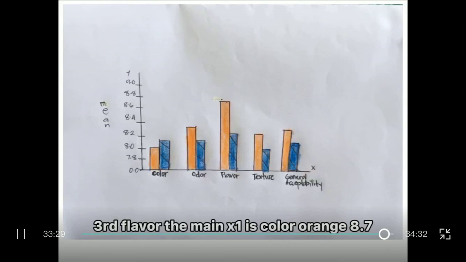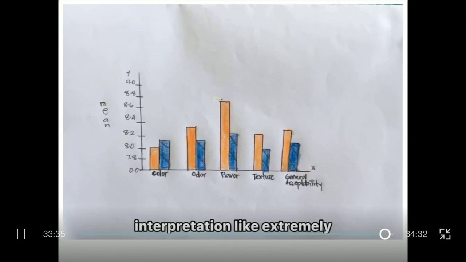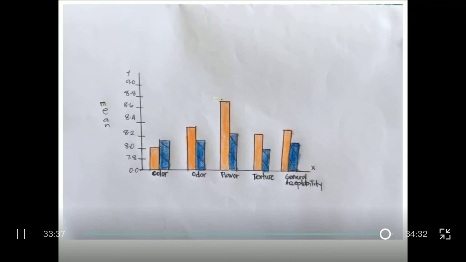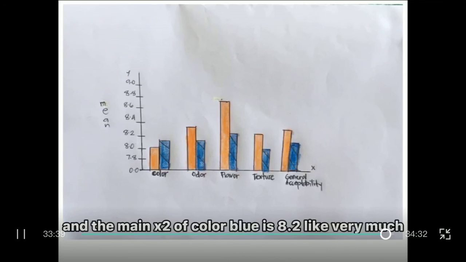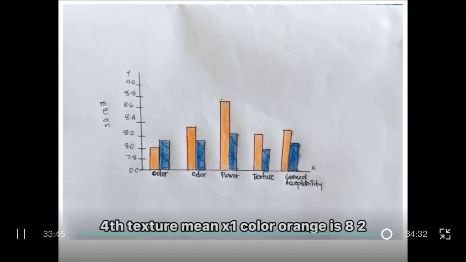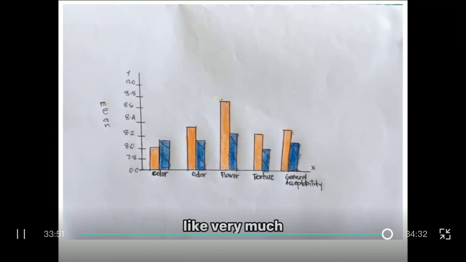Third, flavor, the mean X1 of color orange is 8.7, interpretation like extremely, and the mean X2 of color blue is 8.2, like very much. Fourth, texture, mean X1 color orange is 8.2, like very much.